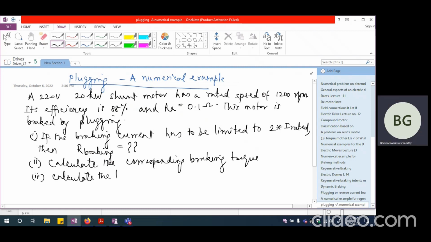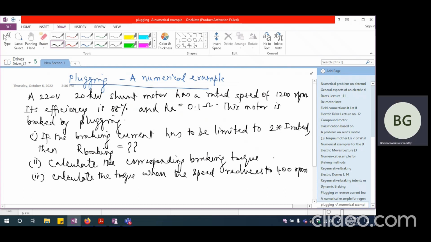The third one is calculate the torque when the speed reduces to 400 RPM.